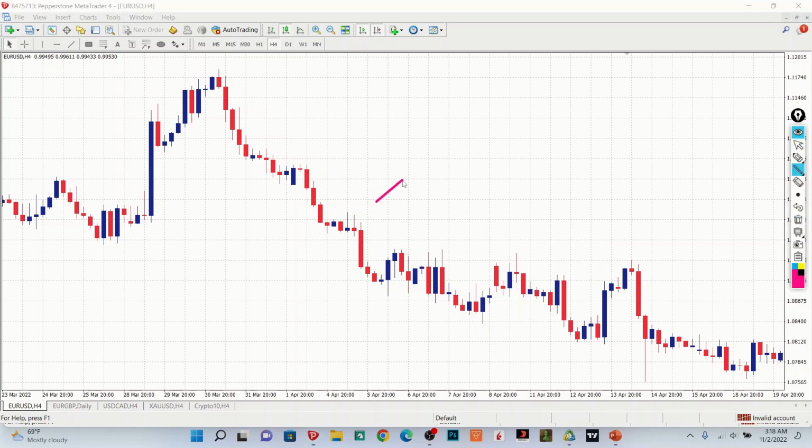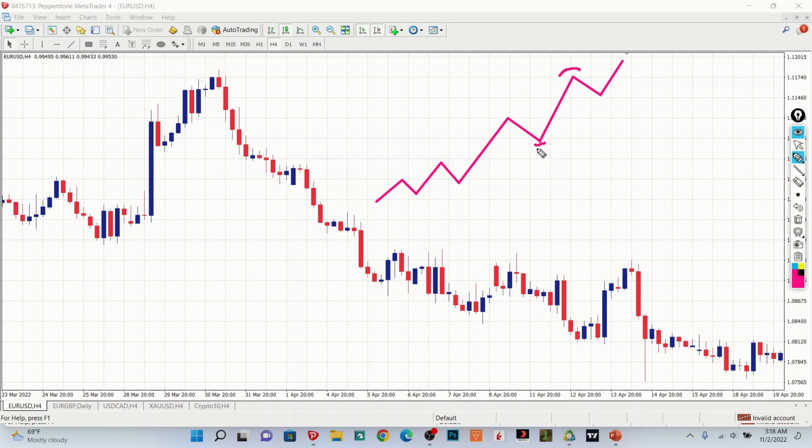we said if the market is moving upwards, and then we get a retracement, for example, right here, we expect the market to form a new swing high, up there.